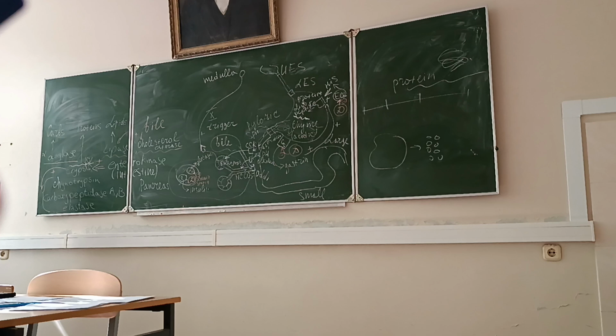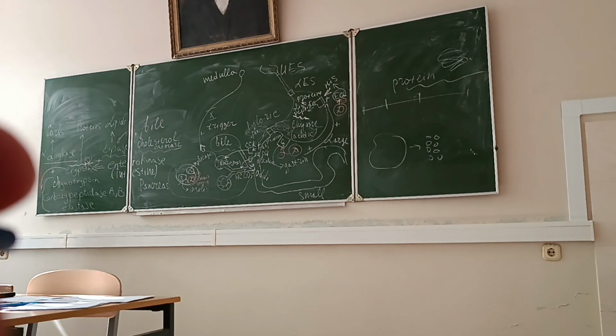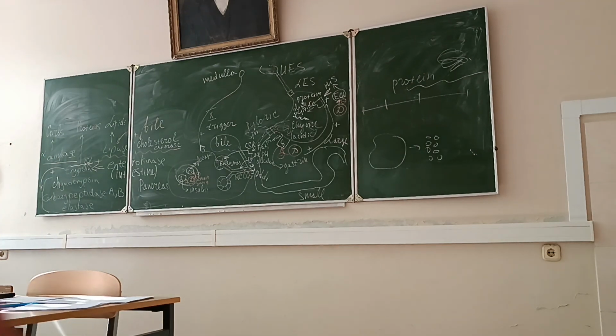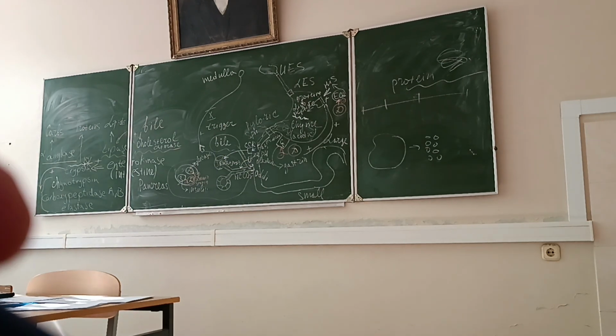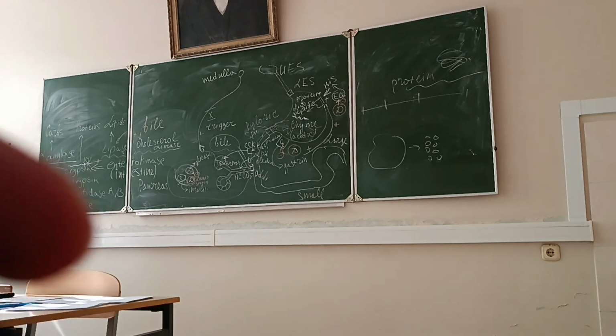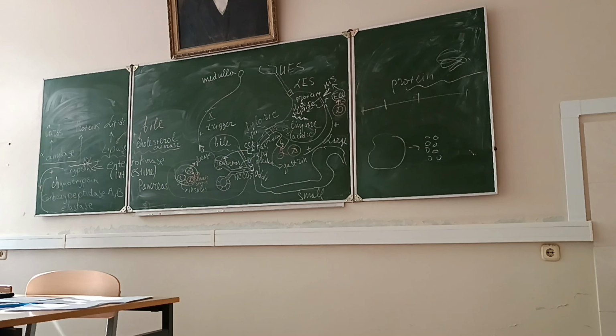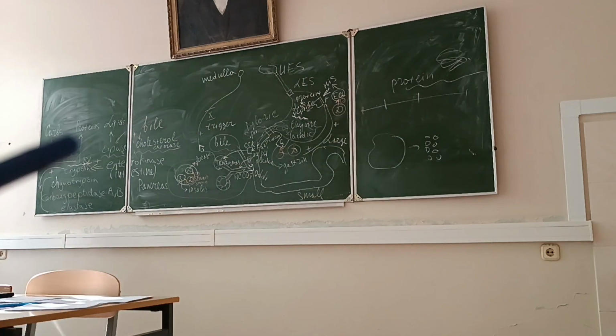What more? When the bile enters the intestine, its acid part is absorbed into the blood and goes to the liver, and bile components help to increase bile production.